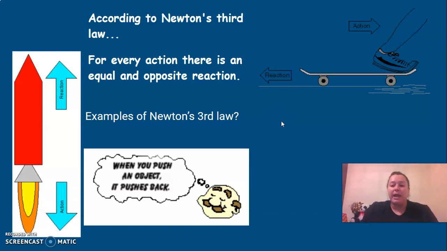If you go to play volleyball, I know I used to play volleyball back in the day. When I would push the ball with my hands, I would feel some pushback, and sometimes I would even get such a strong pushback on my wrist and my arms that I would get bruises from playing volleyball. So for every action, there's an equal and opposite reaction.